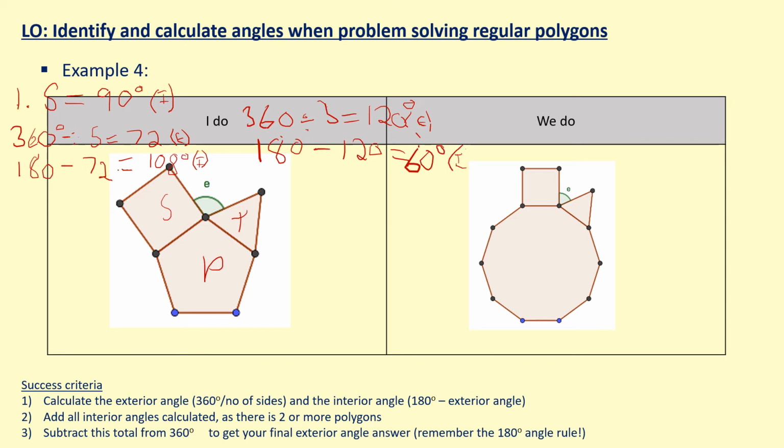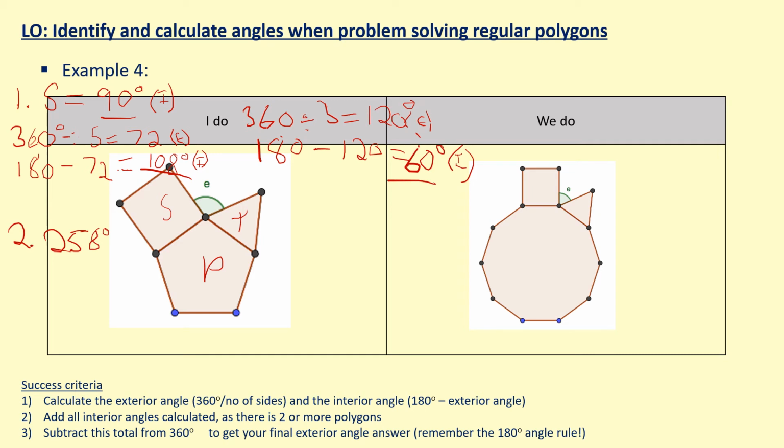And now we have all our interiors. For that step 2, we add all of them together. So 90, 108, add 60, so we're going to have 258 as a total in degrees.